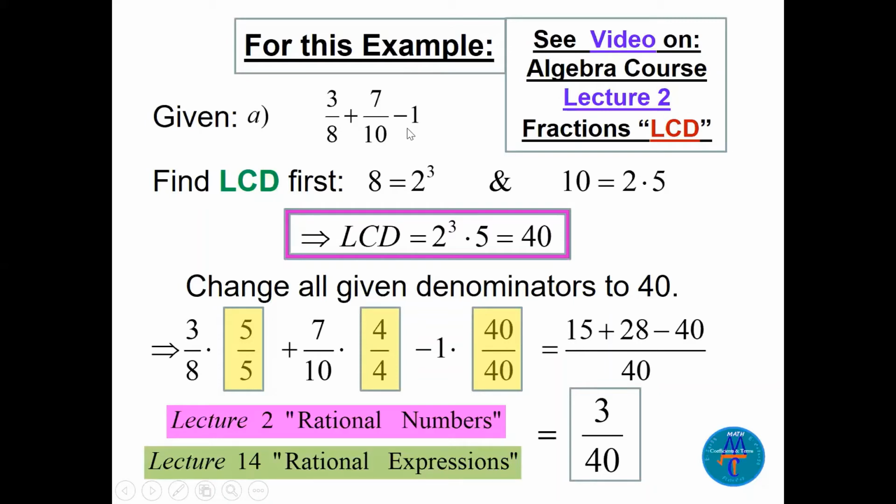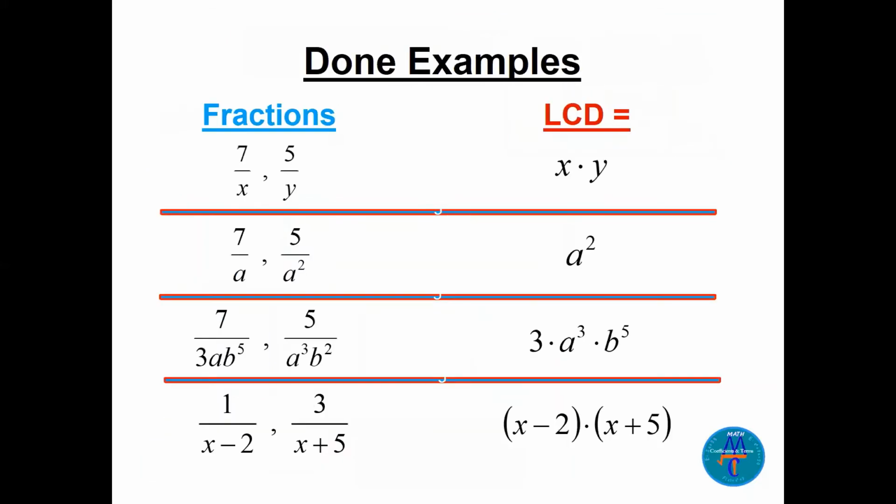Now we will do the same. This is only to refresh your memory, but for x and y. I'm starting with done examples. Suppose we have 7 over x and 5 over y.